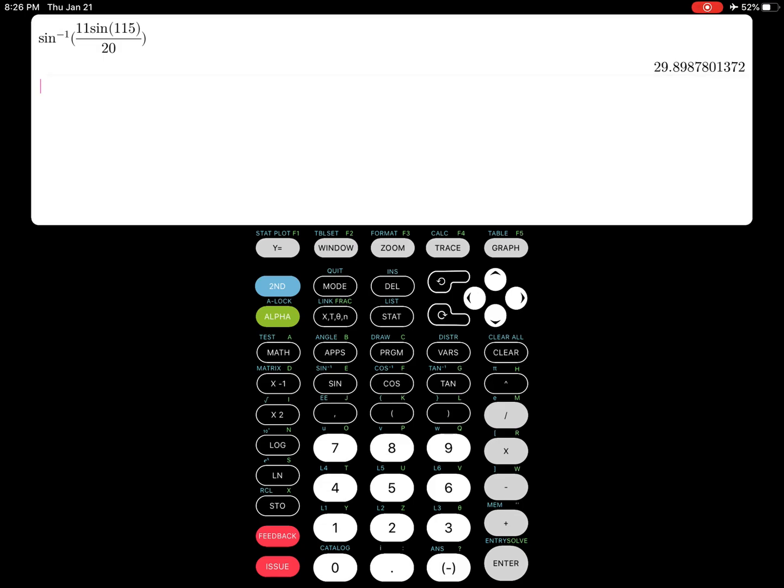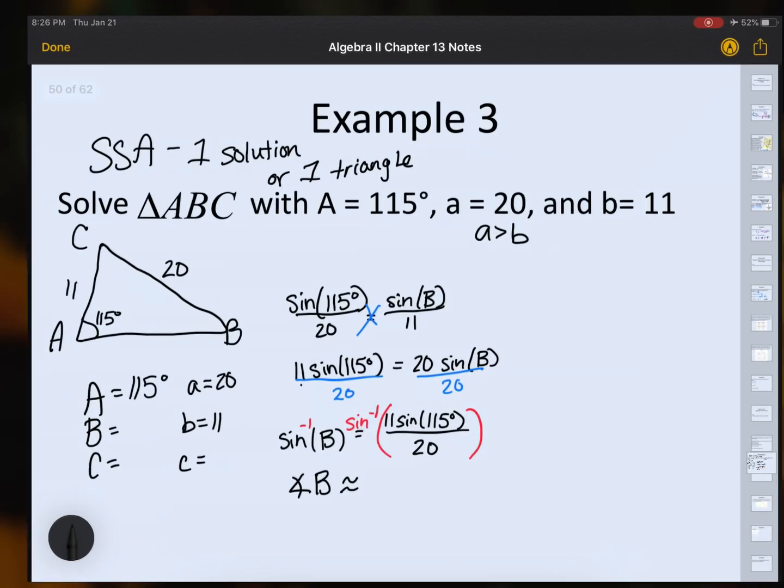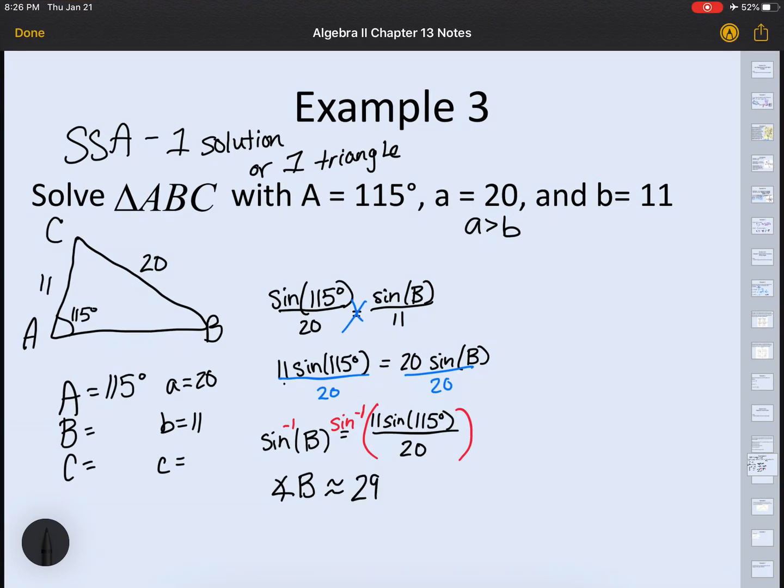That is 29.9 if we round it up. So that's angle B, degrees.